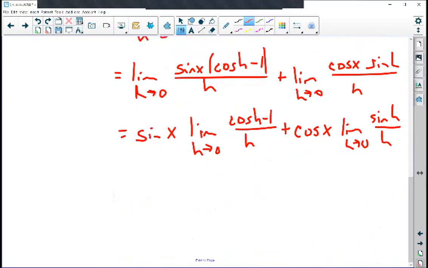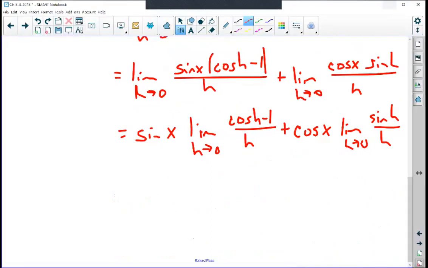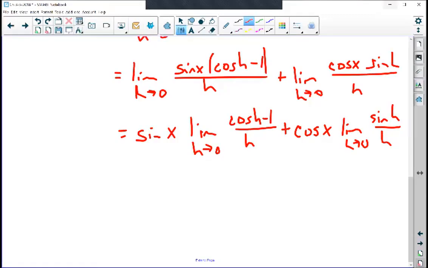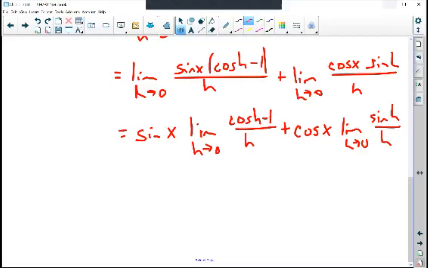All right. Now, let's deal with those limits. There's nothing algebraically that I can do to calculate cosine h minus 1 over h and cancel out the h's.